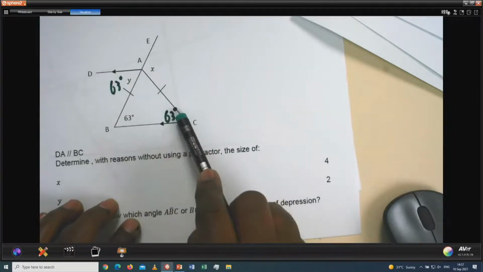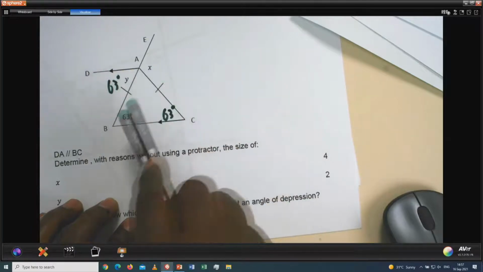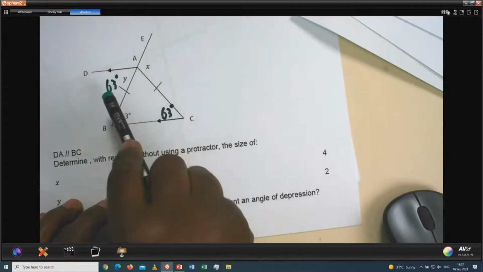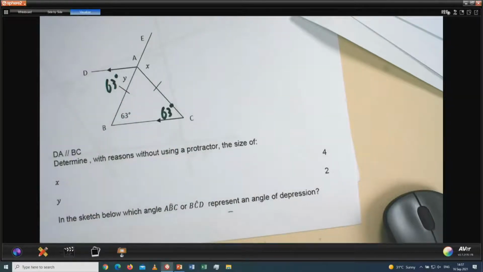This angle is opposite this side, which is equal to this one. Therefore, you've got your y.